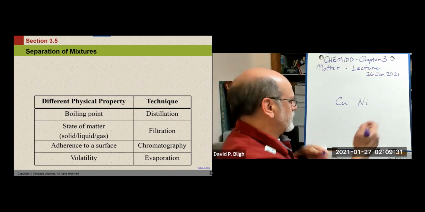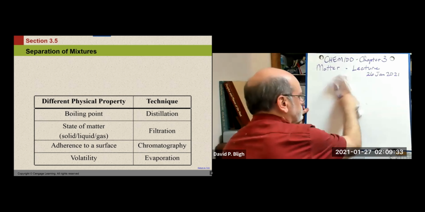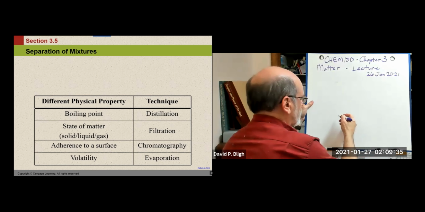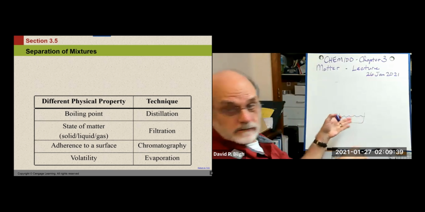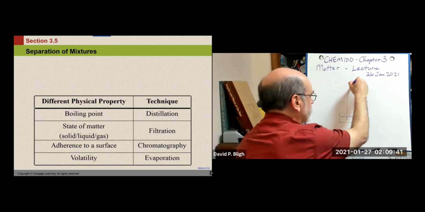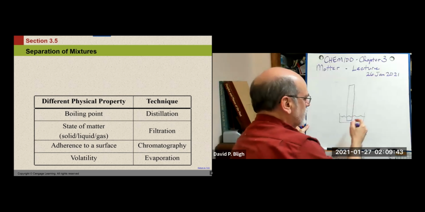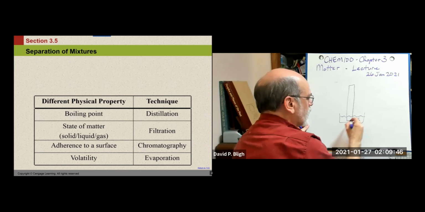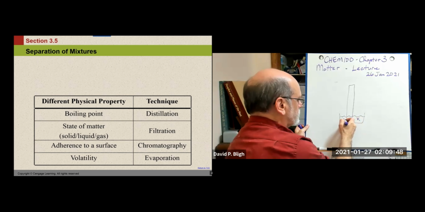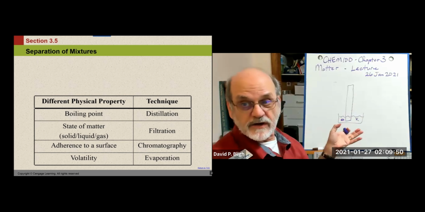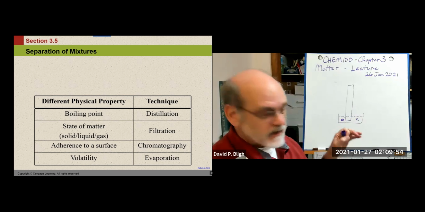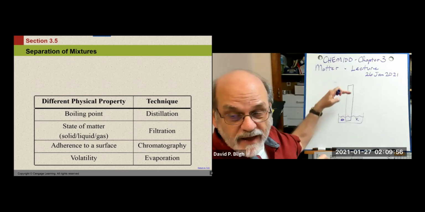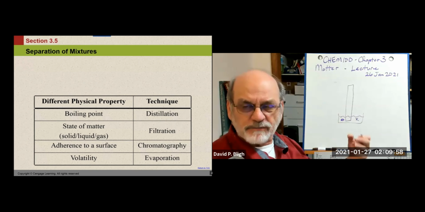Okay. So let's say we have our extract down here, and we have our strip of paper here. So we have one color here and another color there. Okay, X's and O's. Let's say the X binds more strongly to the paper. So as the liquid migrates up the paper, the X spends more time on the paper than it does in the liquid.